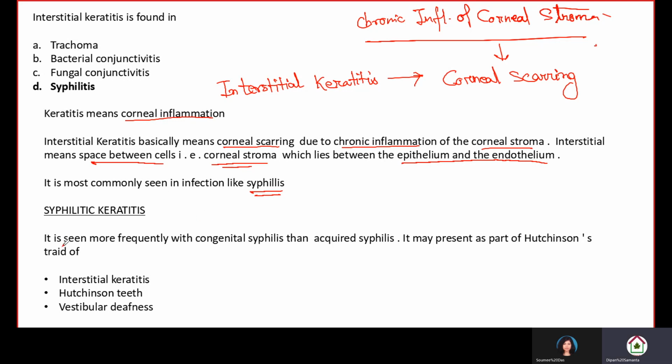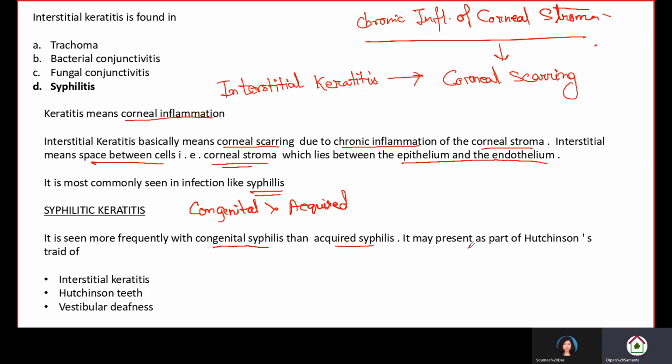Now, syphilitic keratitis is seen more frequently with congenital syphilis than acquired.